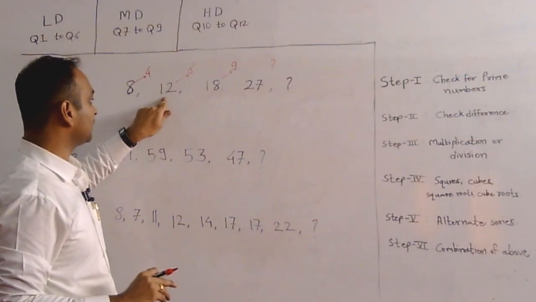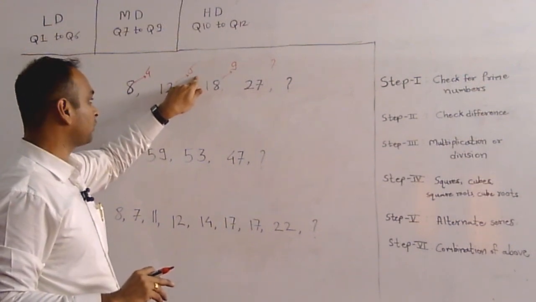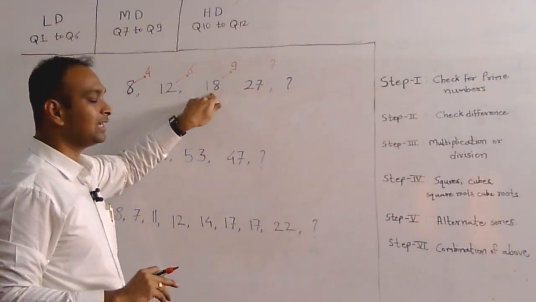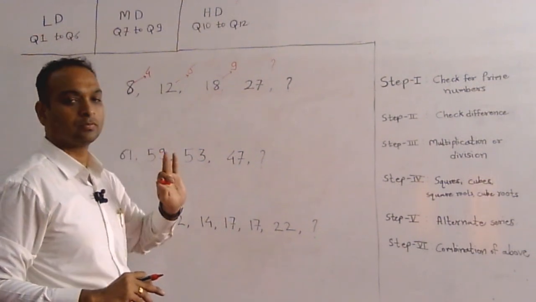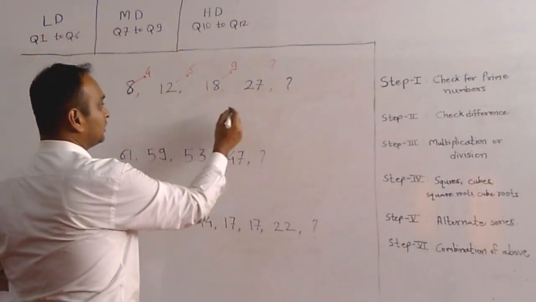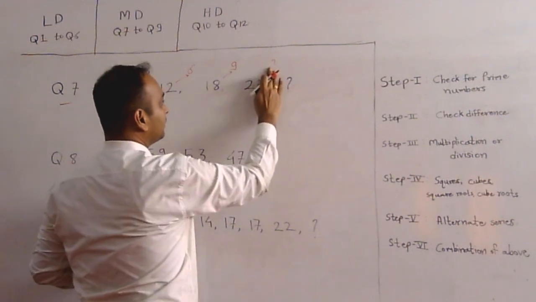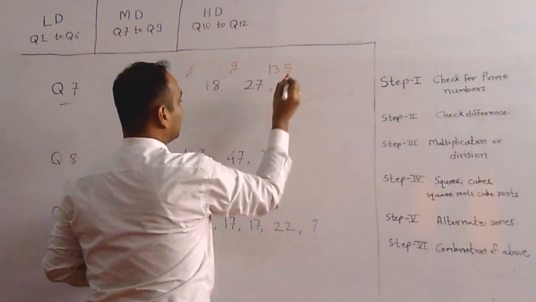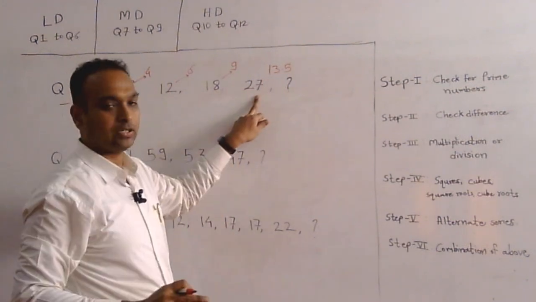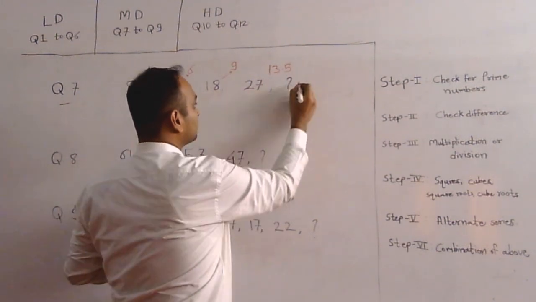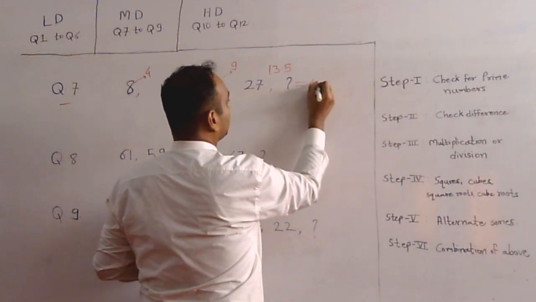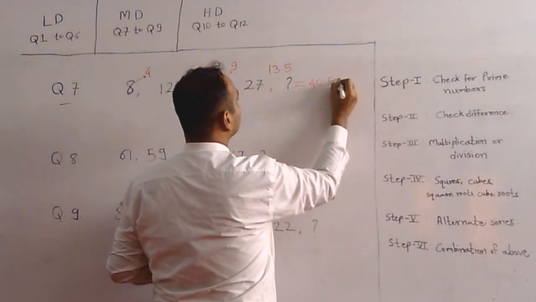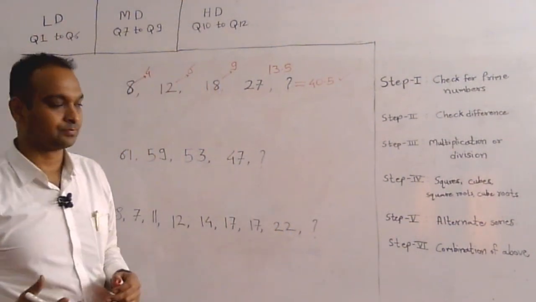Similarly, to this number, if we make a half of it and add it, we get the next number, and so on. Right? So here, 27, half of 27 will be how much? 13.5. And if we add 13.5 to 27, we get the answer as 40.5. And that is the right answer.